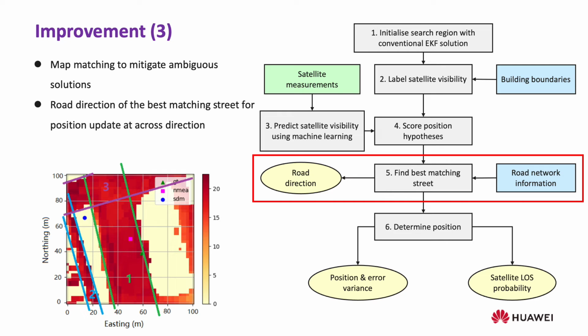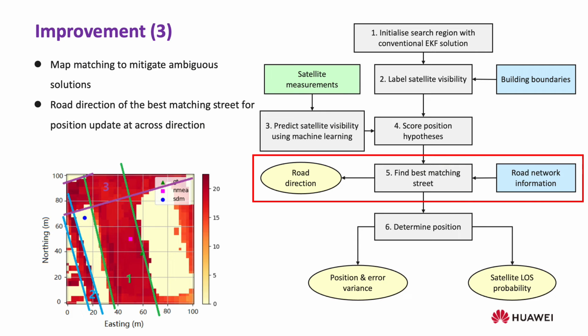We can see from the example below that there are multiple candidate points on different streets. They both have very high scores, so it's very hard for the shadow matching algorithm to pick up the true point. But after selecting road 1, the true street, the true point among the candidates can be easily picked up.